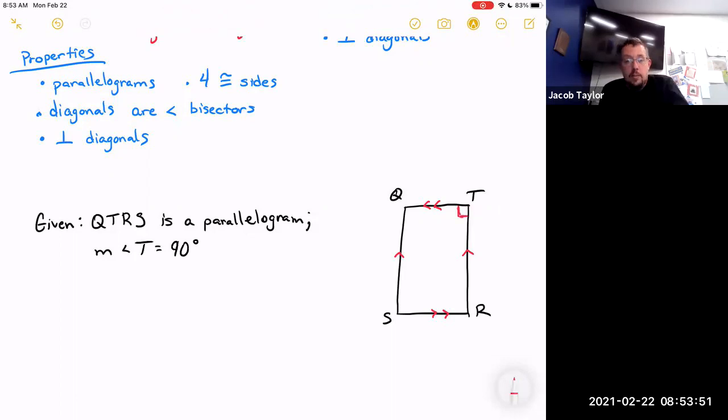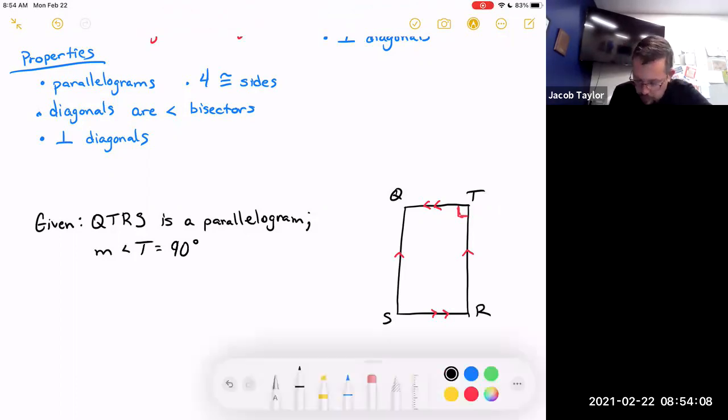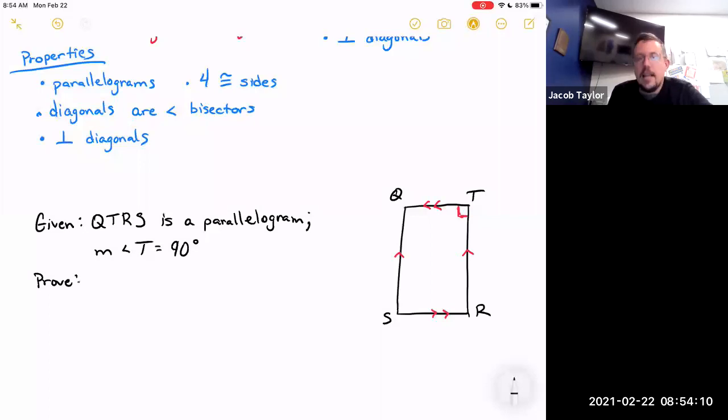What the rectangle angle theorem says is, if you have a parallelogram with one 90-degree angle, that means all the angles are 90 degrees. It's a rectangle. A parallelogram with one 90-degree angle is a rectangle. So that's what we want to prove: that QTRS is a rectangle.